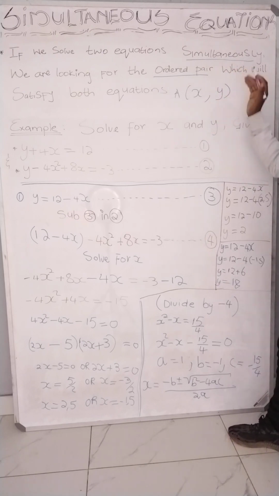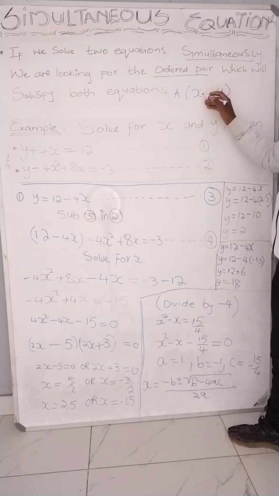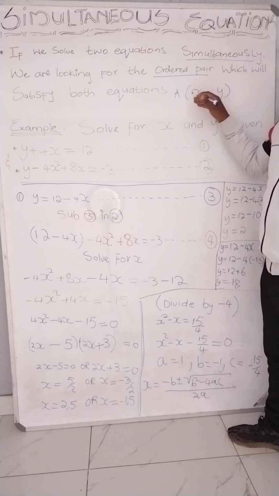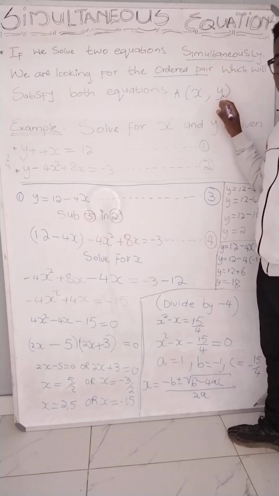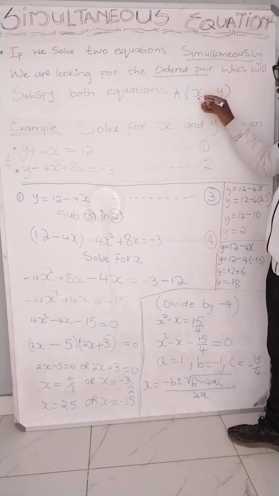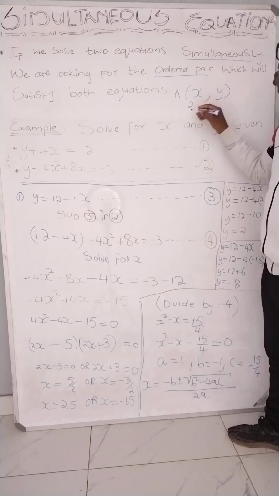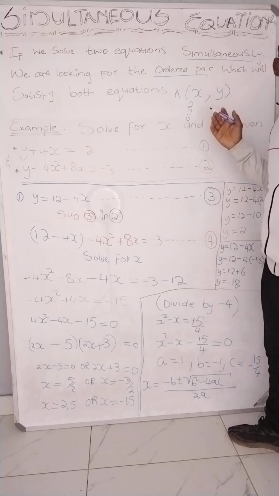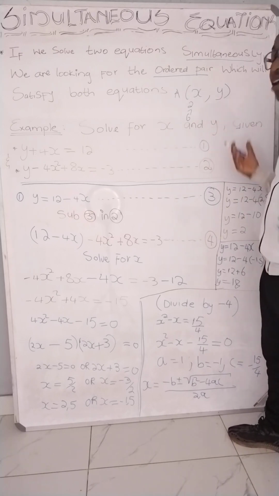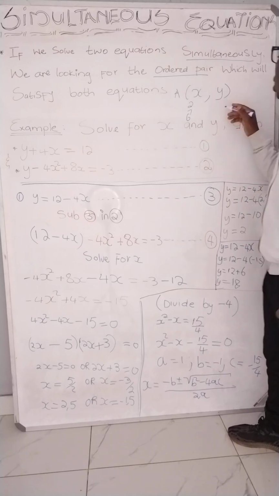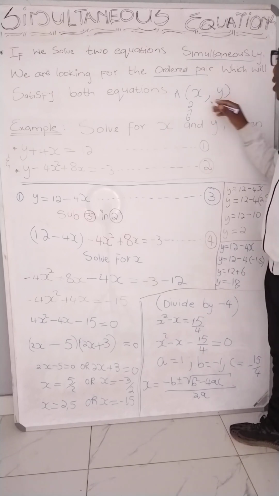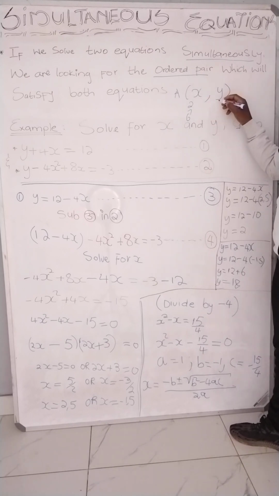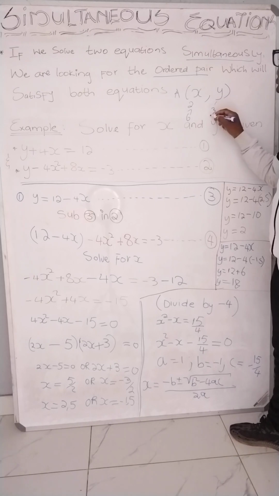So an ordered pair simply means if x is so and so, then y is so and so. X can have many values, and then y will have a corresponding value for each.